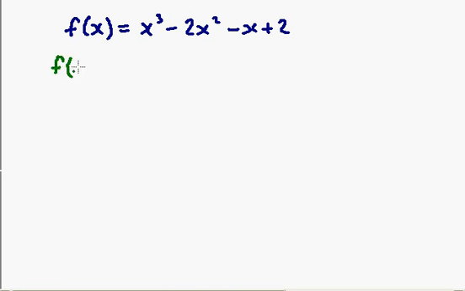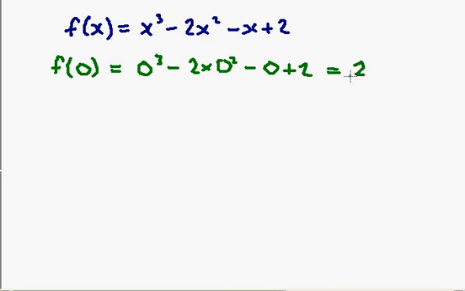We're going to start off with x is 0, and we write f of 0. 0 is always a nice easy one to look at first. So we've got 0 cubed, take away 2 times 0 squared, take away 0 plus 2. Well, that's going to be equal to 2.